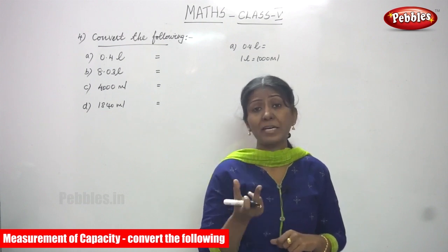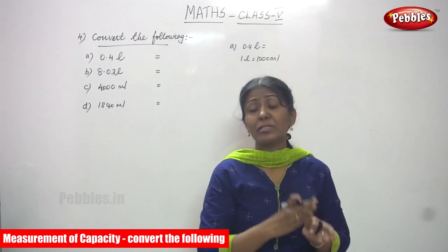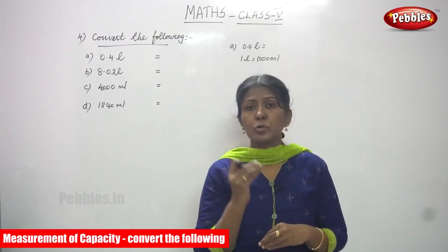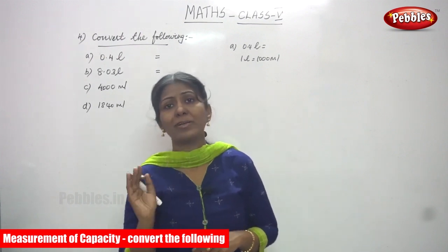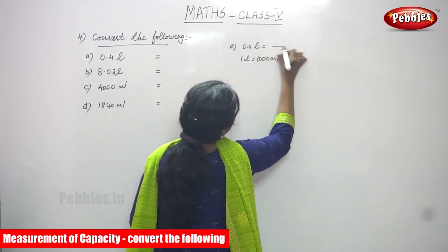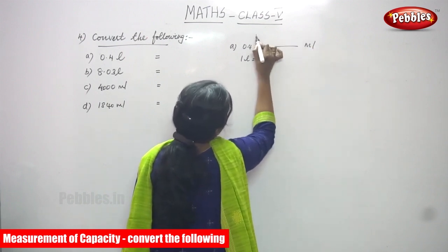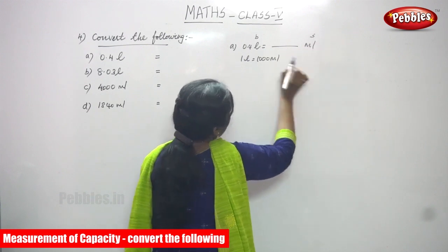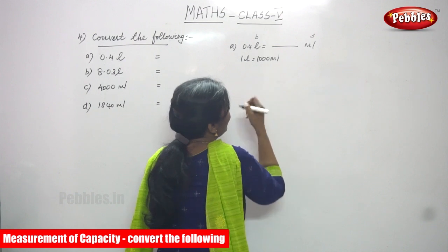Liter is a bigger unit, and ml, milliliter, is a smaller unit. While you convert the bigger unit to smaller unit, you should multiply by 1000. That is very important, so don't forget this concept. So liter to milliliter you must convert. B means bigger and S means smaller unit. That is what I mentioned on both.